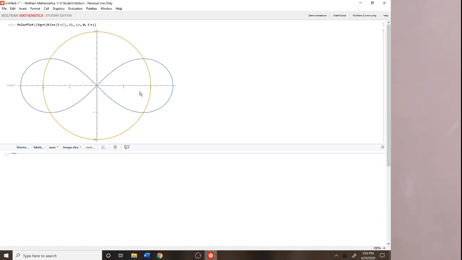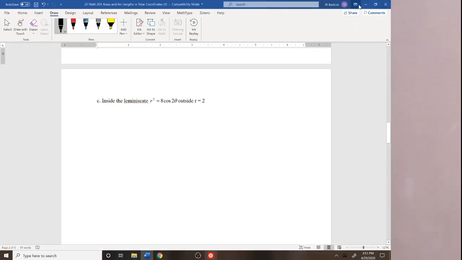So we're trying to get that and that. So we'll do that next time. The important thing is we've got to find this point and that point. So similar to what we did before, we have to set them equal and solve. So if you like, you can try that on your own.